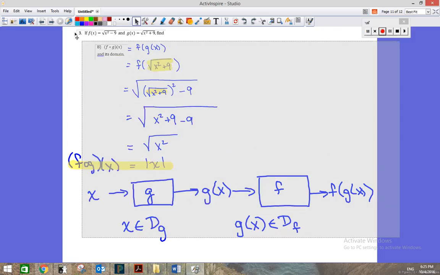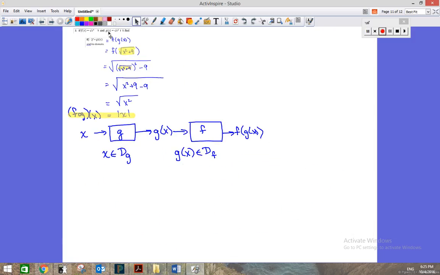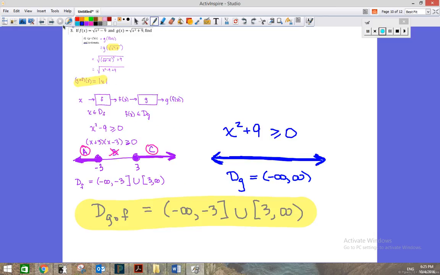Alright, so we've got to look at this more carefully here. The domain of g, we found it already to be all real numbers. No restrictions here. The domain of f, however, was more complicated. It was this expression.